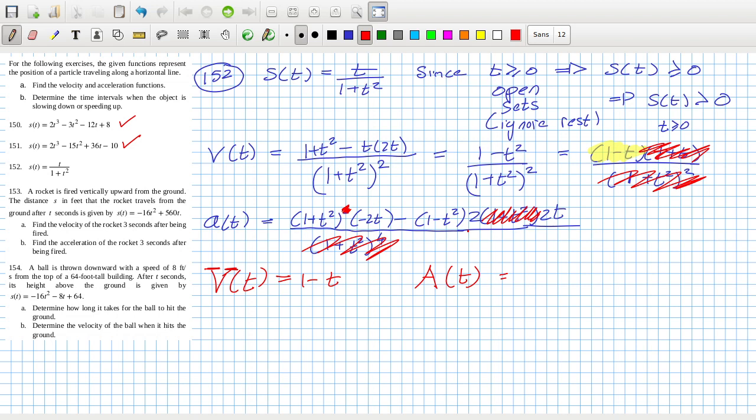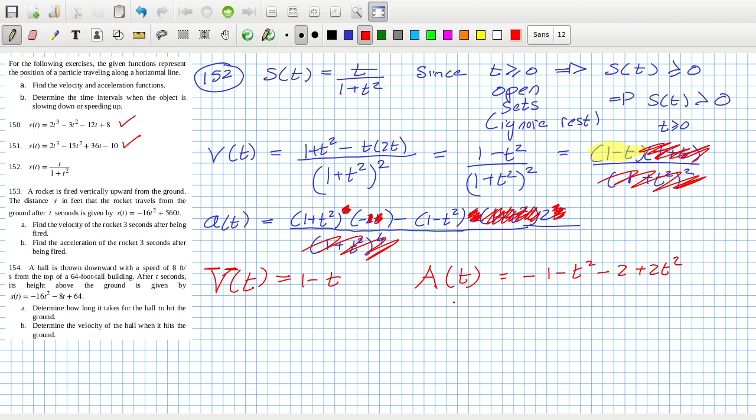I can get rid of the 2 from both. That won't affect the sign. I can get rid of the t from both. That won't affect the sign. So that's going to be minus 1 minus t squared minus 2 plus 2t squared.